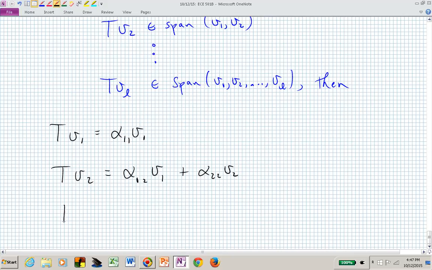What about T v sub 3? Now that's equal to alpha 1, 3 V1 plus alpha 2, 3 V2 plus alpha 3, 3 V3.